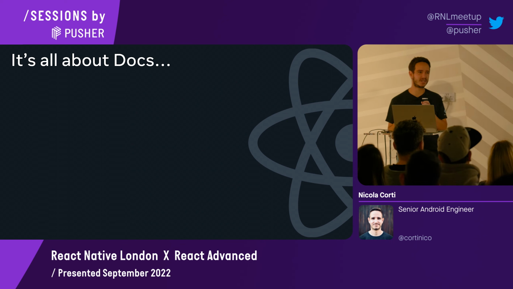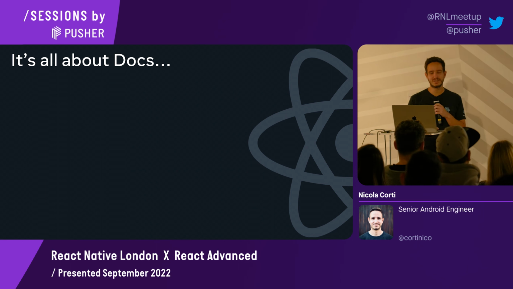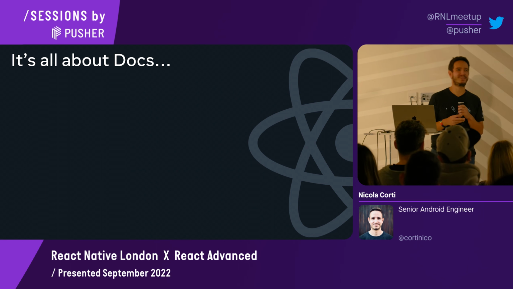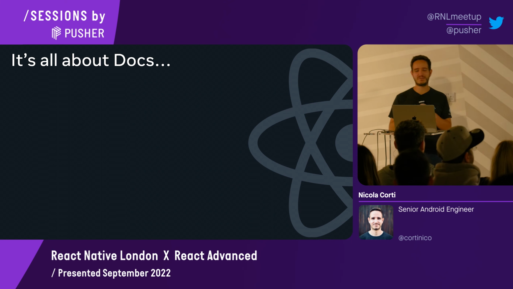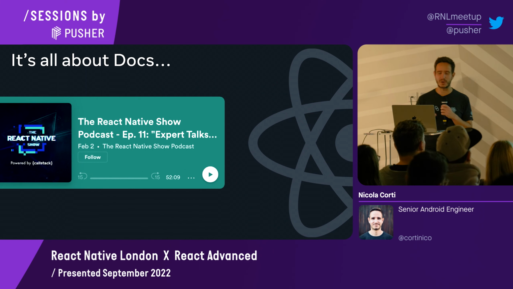So you could technically sort of reverse engineer how things are working. But it would have been extremely mean for us to ask you to do so. That's why we spend so much time writing docs.